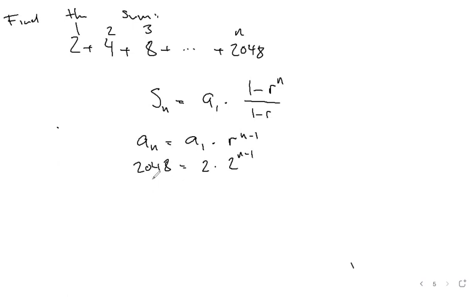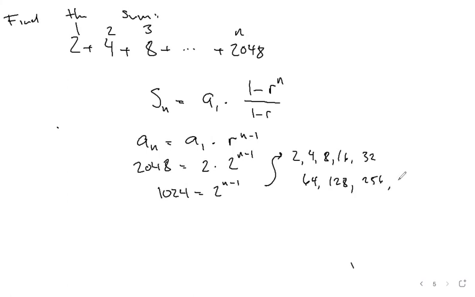So you can say this is 1024 equals 2 to the n minus 1. And so what is this going to be? You can use your calculator to figure it out, or you could just count by 2. So 2, 4, 8, 16, 32, 64, 128. This is the lame way to do it. 256, 512, and then 1024.